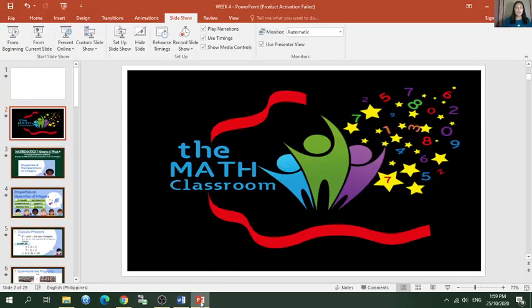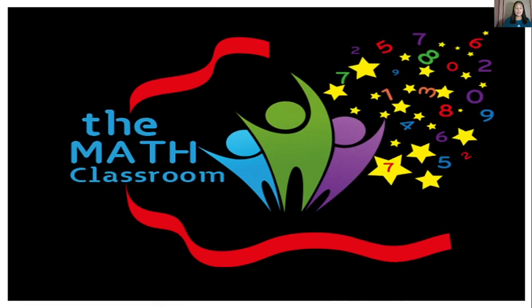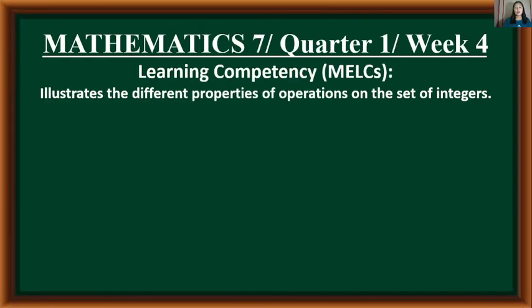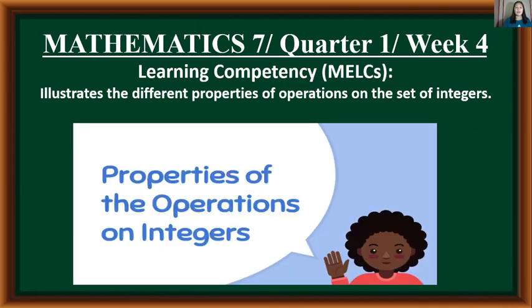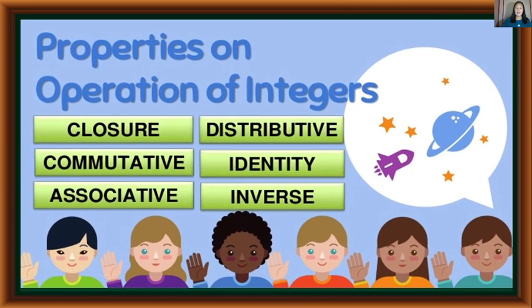Okay, take note that in the operations of integers, we have how many properties? Okay, so we have 6 properties. The first one is closure property. Second, commutative property.